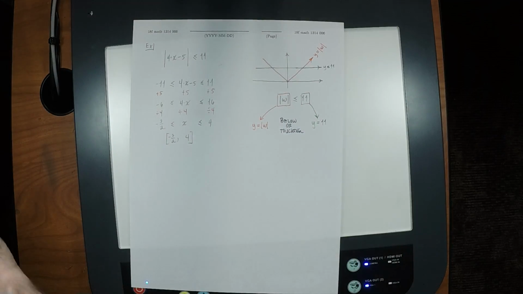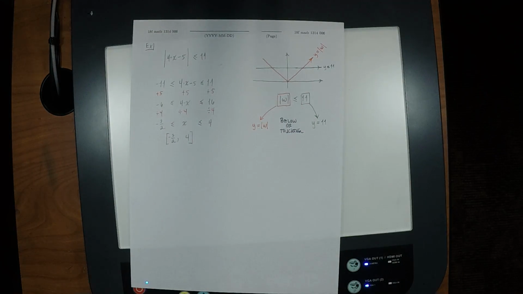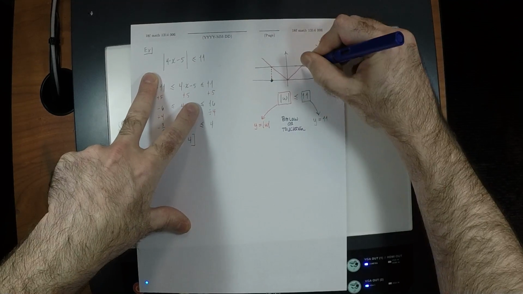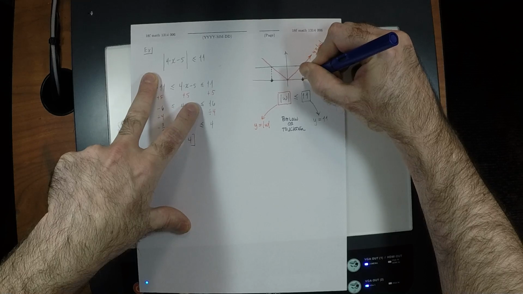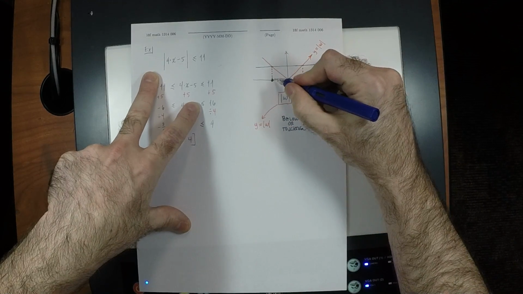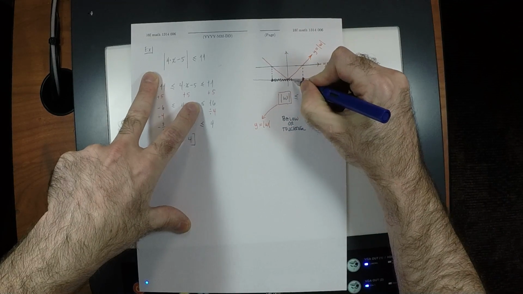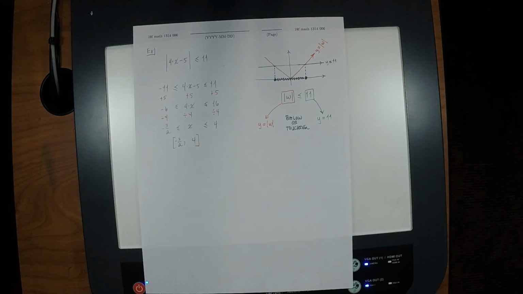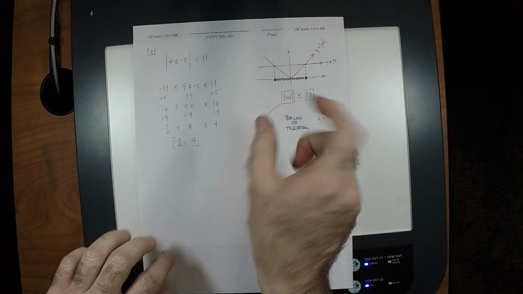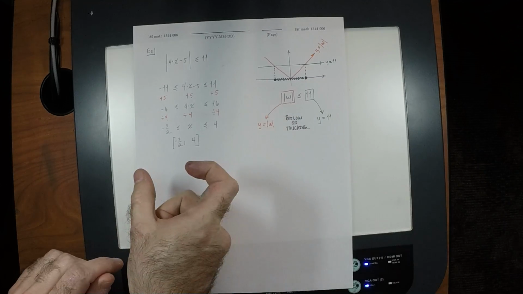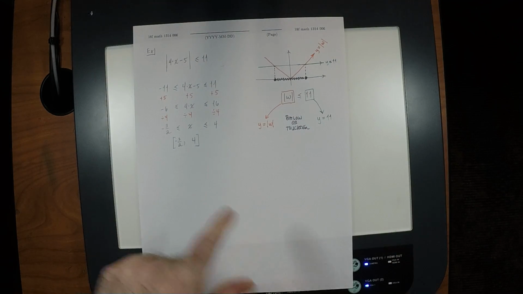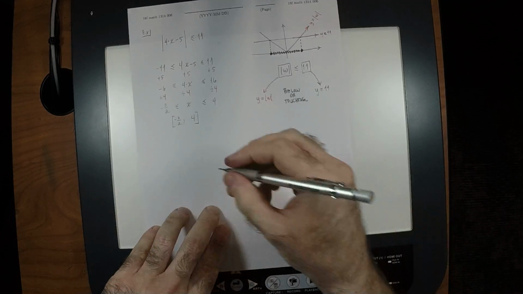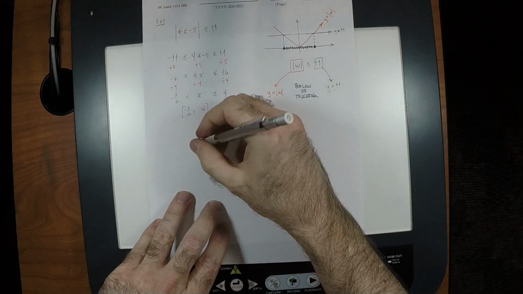So what I want you to observe is that the place where it changes is right there. And everywhere where red is below green is all of this. So the solution to this exercise should be an interval of points. So that's the answer.